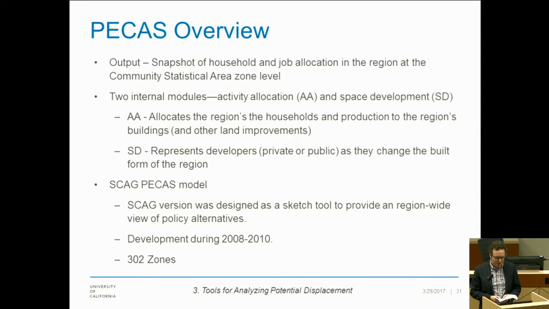So now I'm going to switch gears and say a little bit about the Los Angeles regional model. This work was done by colleagues at the Southern California Association of Governments. The Los Angeles region uses a land use modeling platform called PECAS, which works differently from UrbanSim.